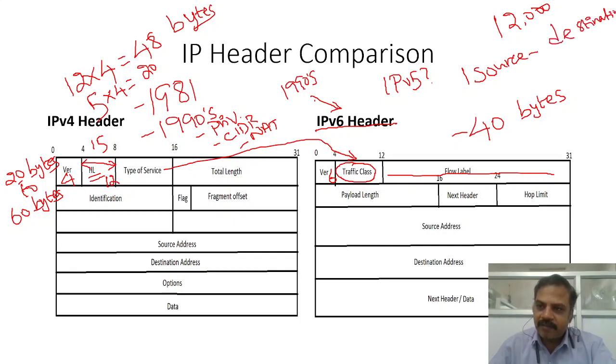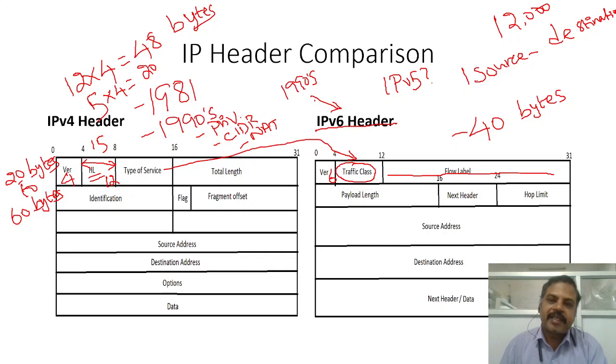The packets from a source to destination will have the same flow label. So this flow label represents how the packet should be handled by the intermediate routers. All the packets having the same flow label will be from the same source and to the same destination, and all the packets may have the same priority level.